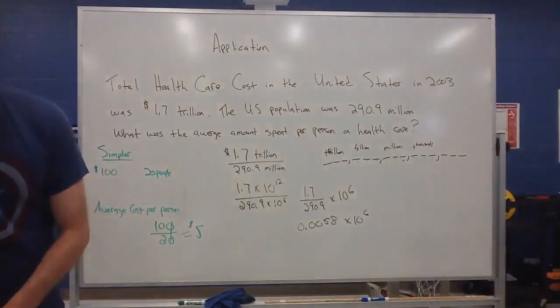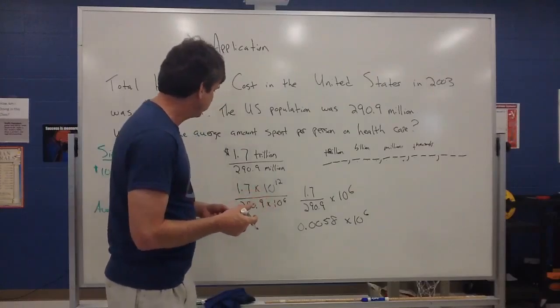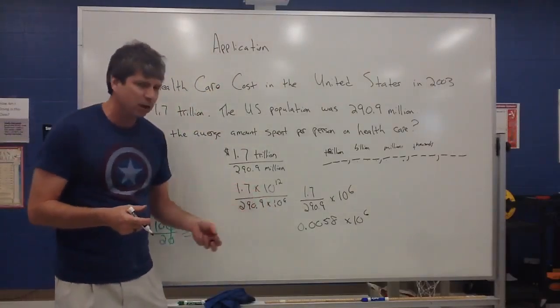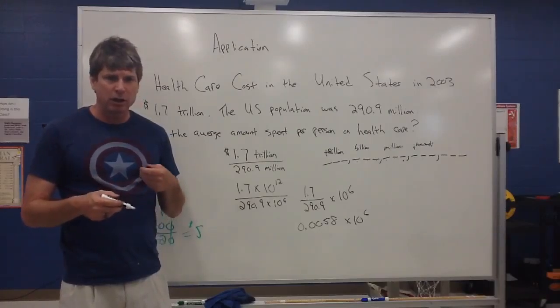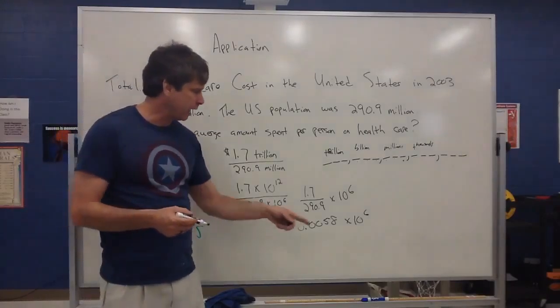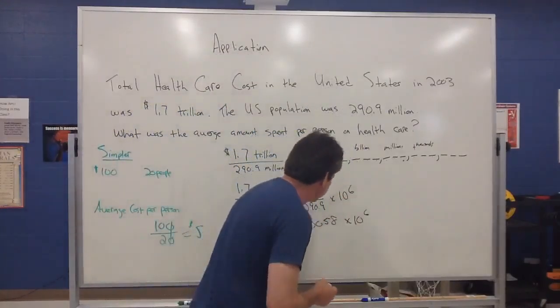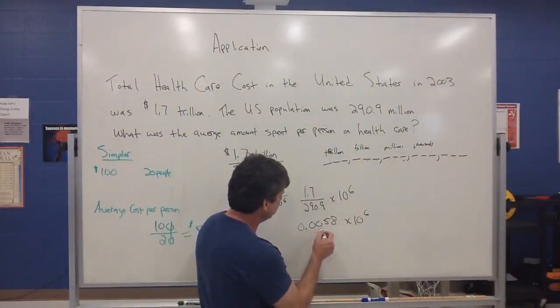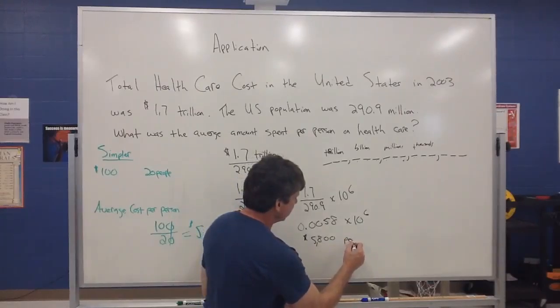Okay? So now, to really make this look relevant to us, we're talking about cost. Cost probably does not need to be in scientific notation. Let's put that in what we call decimal notation. So times 10 to the 6 means to move the decimal 6 places to the right. So I got to move 1, 2, 3, 4, and 2 more zeros. So it's a 5, 8, and 2 zeros. So when I pick up on it, it's going to be $5,800 per person.